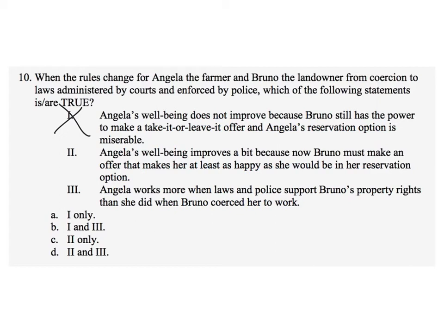Two, her well-being improves a little bit. Yep, because now he must make an offer that she can take or leave, so she needs to be at least as happy as she would be in her reservation option to take it. So 2 is true. Angela works more when law is implemented? No, we saw she worked less. So 2 alone, C, is the right answer.